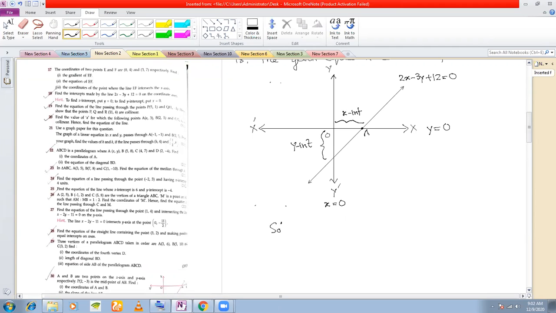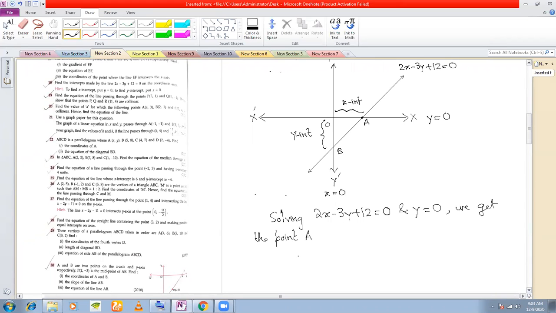Let us call this the point A, and this the point B. Solving 2x minus 3y plus 12 is equal to 0 and y is equal to 0, we get the point A. So let's solve these two equations.